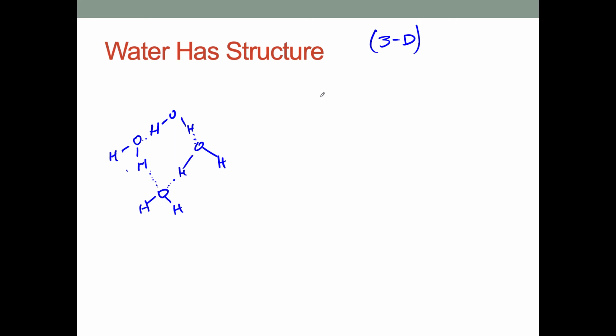So what happens when we put something charged, like sodium and chlorine, say sodium chloride, in the water? The water structure will rearrange itself so that it surrounds the sodium, not oxygen.